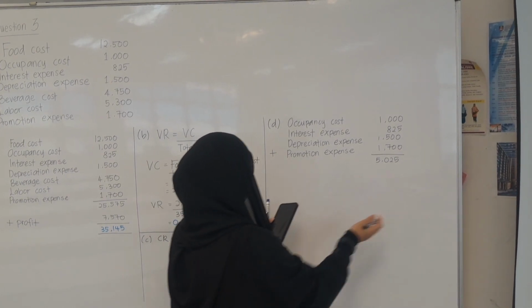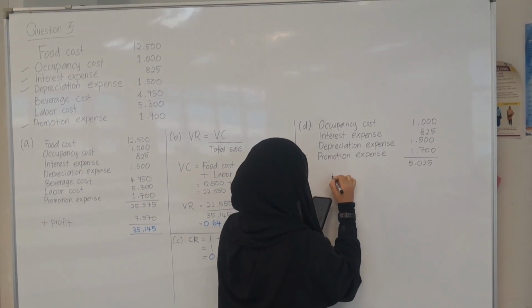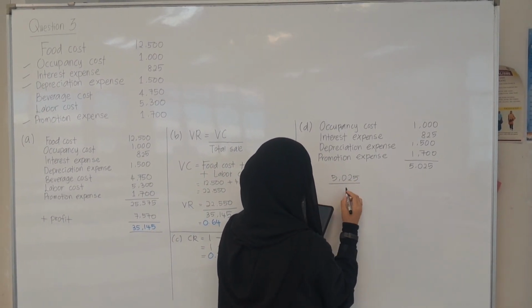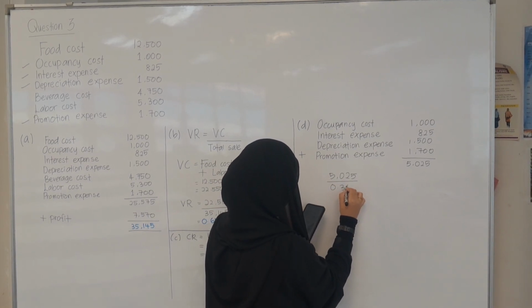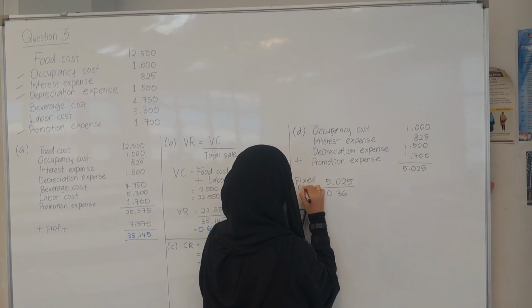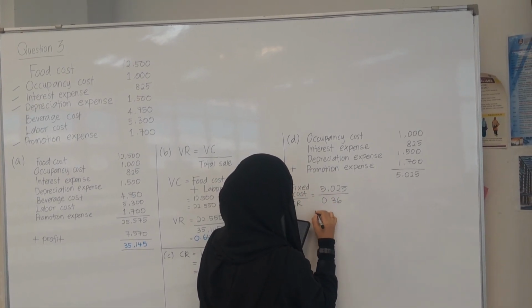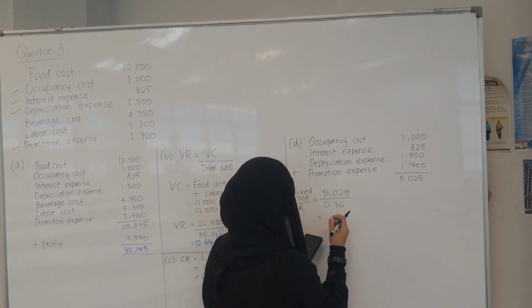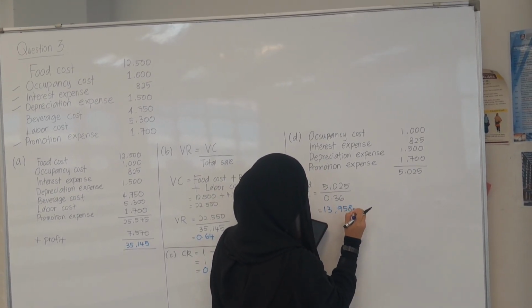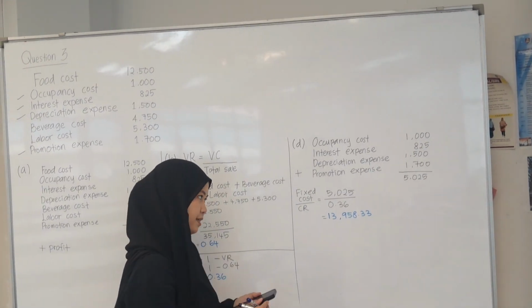Then the fixed cost we just divide by CR, the contribution rate. So this is the answer for question D.